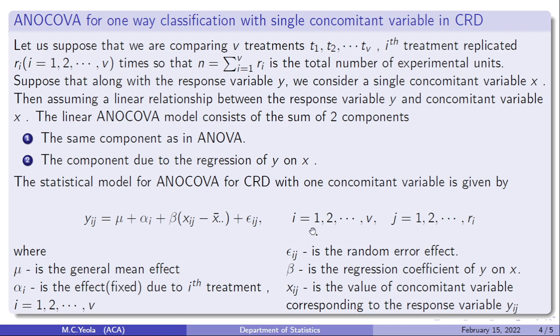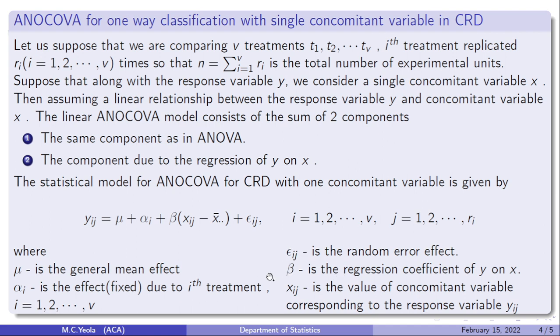Here i takes values 1 to V and j from 1 to Ri, where mu denotes the general mean effect, as in ANOVA. Alpha i is the fixed effect due to the ith treatment, which we also have in ANOVA. Epsilon ij is the random error effect, also as in ANOVA.